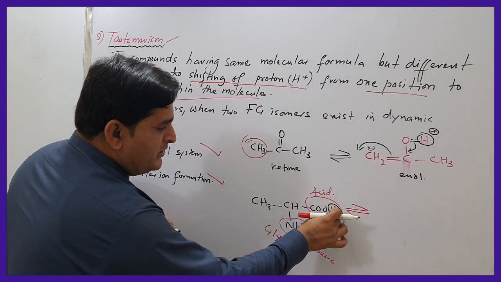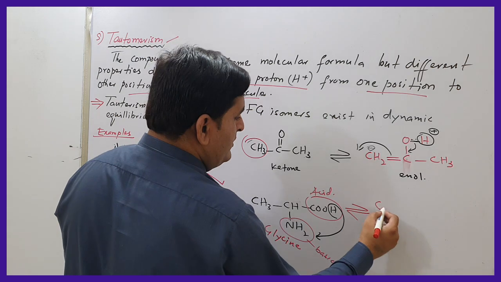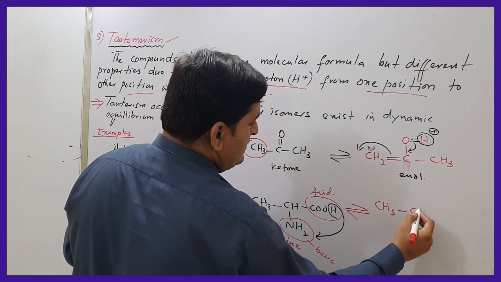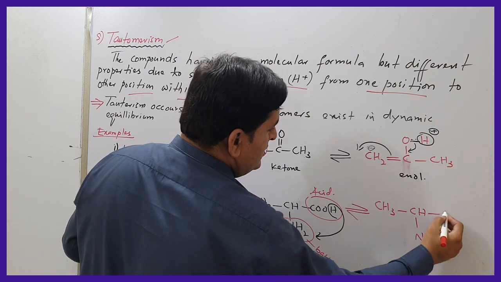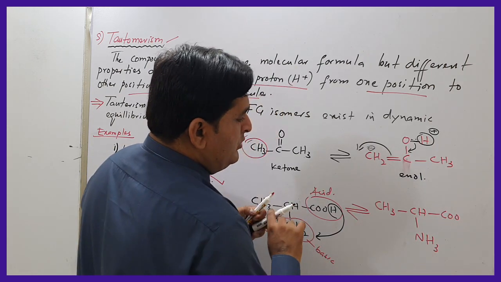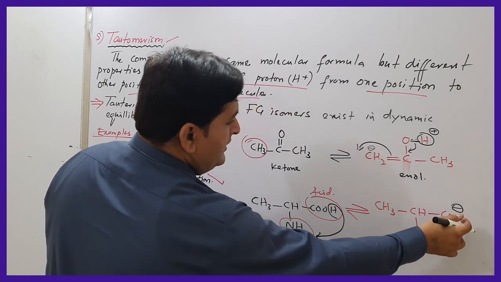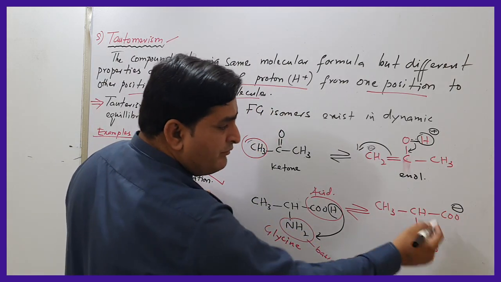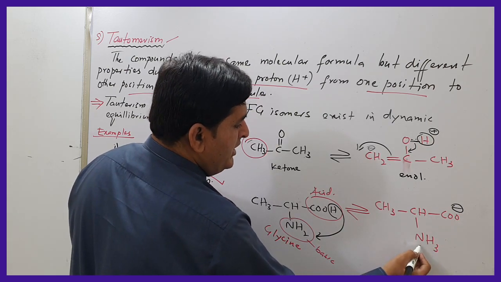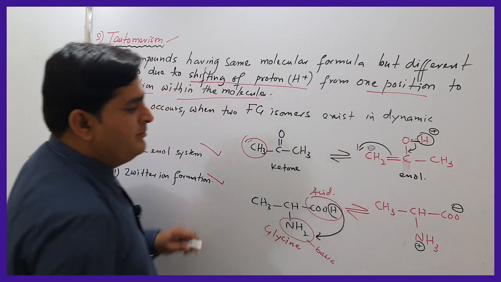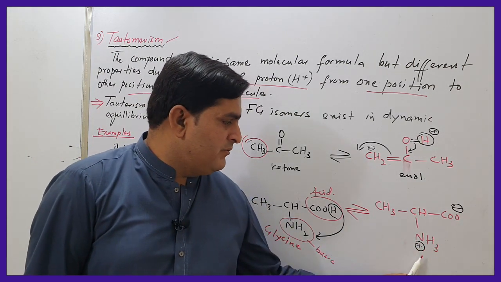After the detachment of the proton from here and attachment to here, the structure of this compound becomes CH2 NH3+ COO-. Now this oxygen bears a negative charge as hydrogen has detached without taking the bonding electrons, as a positive ion. When it adds at this nitrogen, the nitrogen bears a positive charge. So negative charge here, positive charge here.